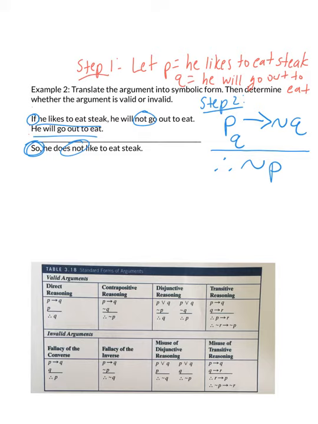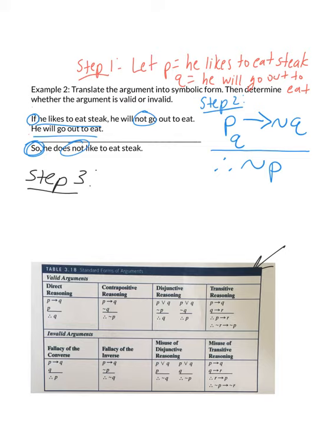Okay, so step 3. Now we're ready for step 3. Let's see if we can find a match with our step 2 symbolic form and the standard forms of argument chart. If we cannot find a match, we would have to do that big truth table. So as we look carefully here, I'm looking.